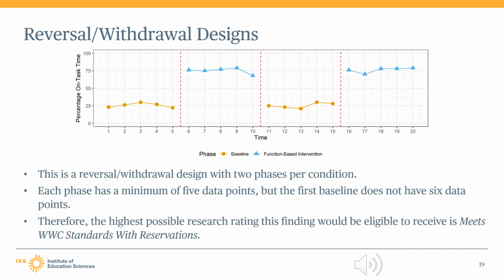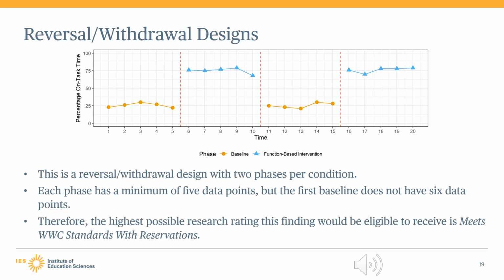The highest possible research rating the finding from this design could receive is meets WWC standards with reservations. The design has 2 phases per condition, so it is potentially eligible to meet the WWC standards at some level. Although the design has 5 data points in every phase after the first baseline phase, the first baseline phase does not have the required 6 data points to receive the highest possible research rating.